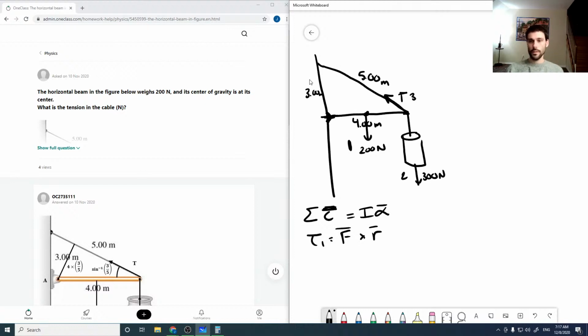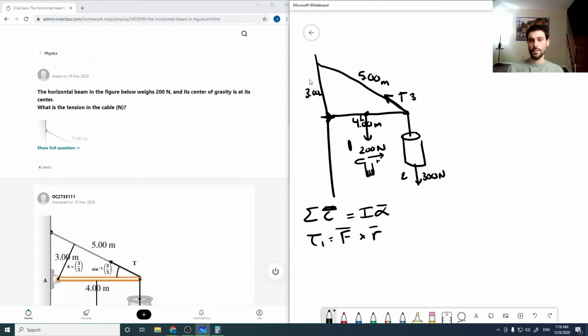And it is perpendicular, and the direction is going to be, you point the fingers of your right hand towards the force, your palm goes towards the radius, and then your thumb points in the direction of the torque.